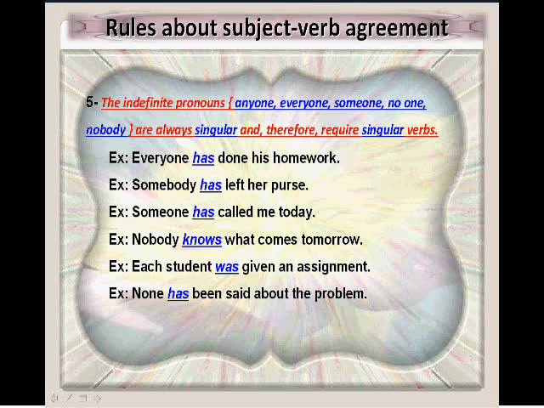Indefinite pronouns like anyone, everyone, someone, no one, or nobody are always singular, and so we have to use singular verbs. Again, the last sentence we have is nothing is available in our store. So again, we have nothing, and so the verb is, of course, singular.